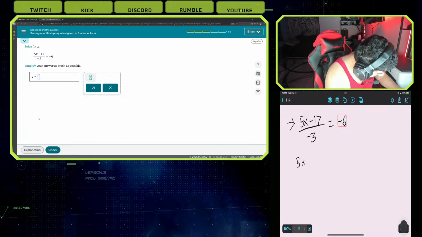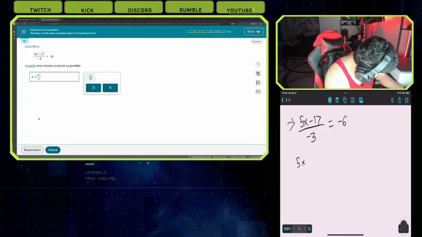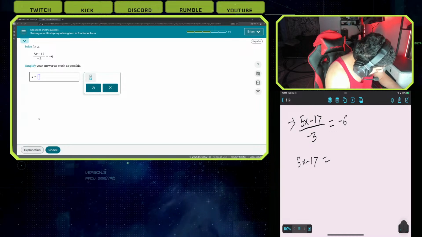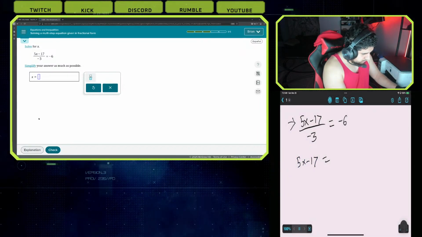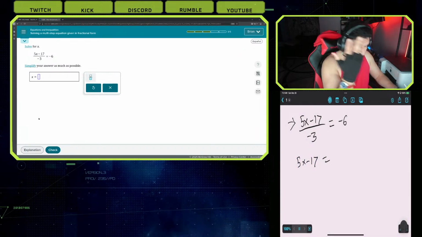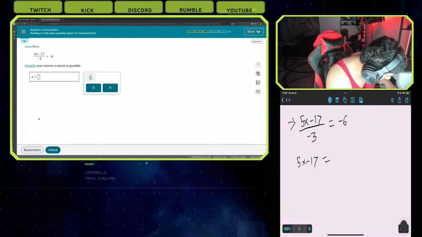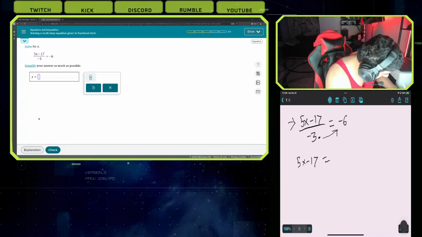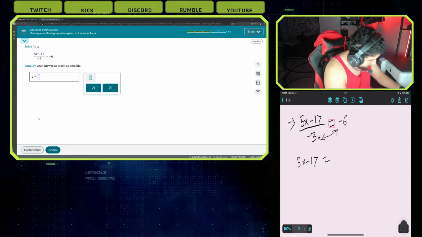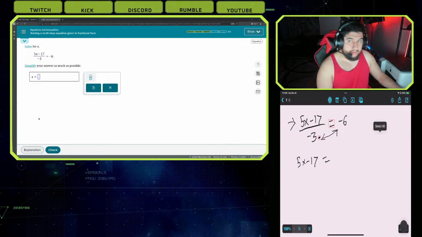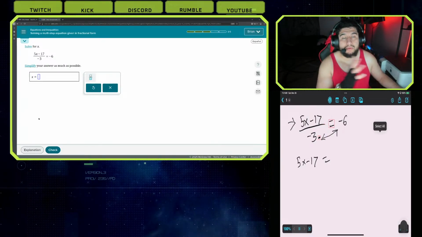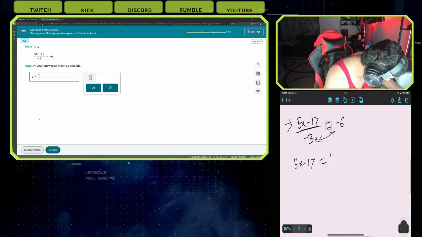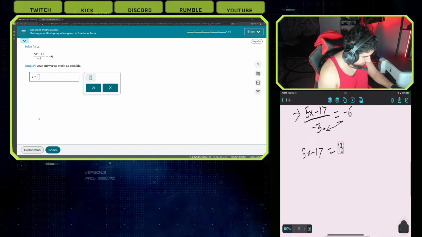All right, 5x minus 17 equals, and then you just go straight to the next step. We're multiplying these two. All right, so negative and a negative equals a positive. So don't worry about the negative symbol. What is 6 times 3? 18.